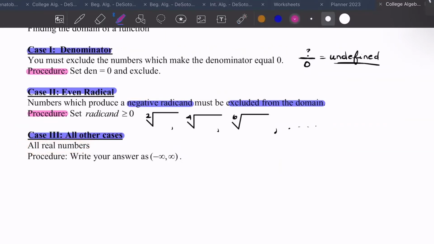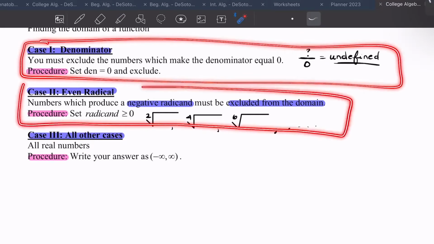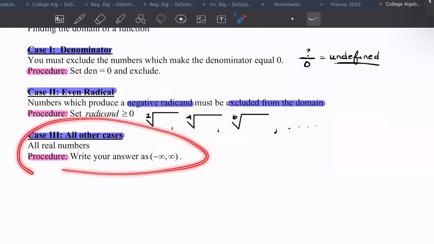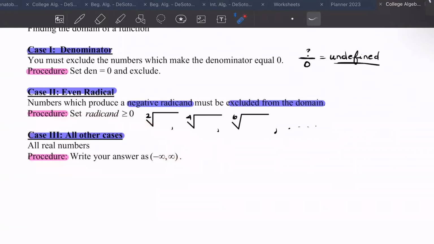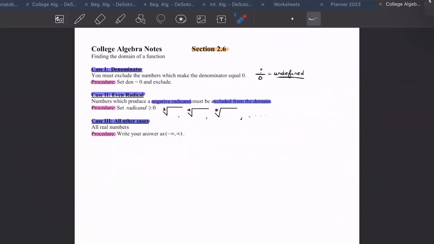That means that whatever I plug in as x, I'm going to get a number out. We're excluding from the first two cases the situations where we plug something in and we don't get anything out. This case says I can plug in from negative infinity to infinity and I'll get a number back. So those are the three cases.